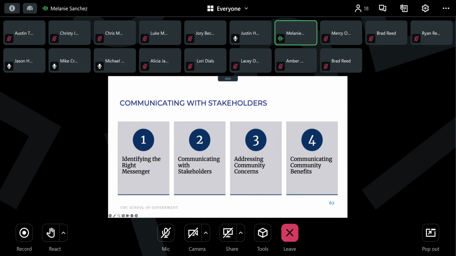I just wanted to go back a few slides. I'm not going to physically go back, but it was in our last section with the board. You want to make sure that you identify your stakeholders. They're going to have different needs and different desires than your board members.